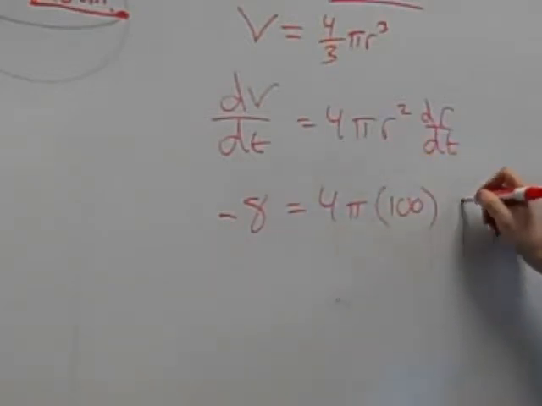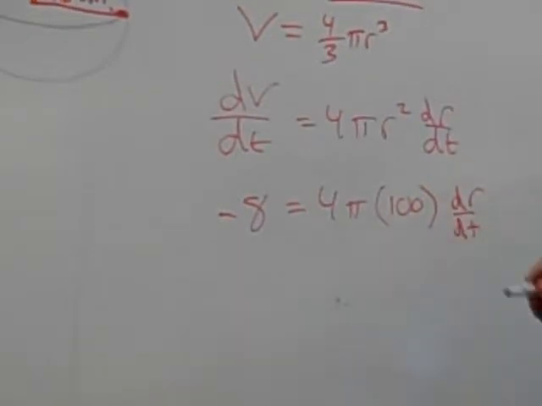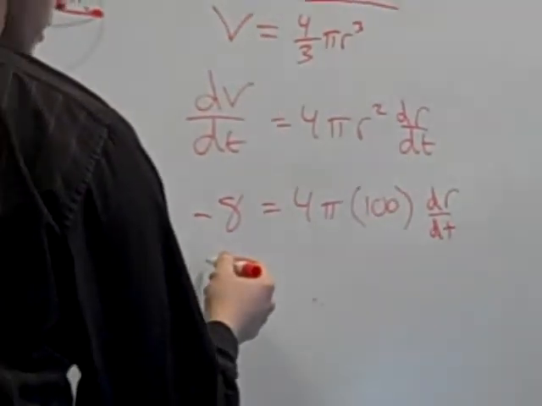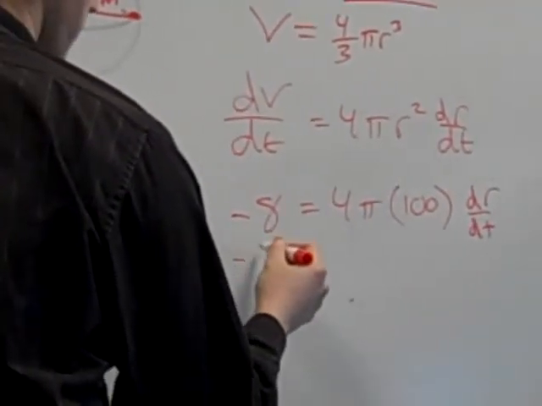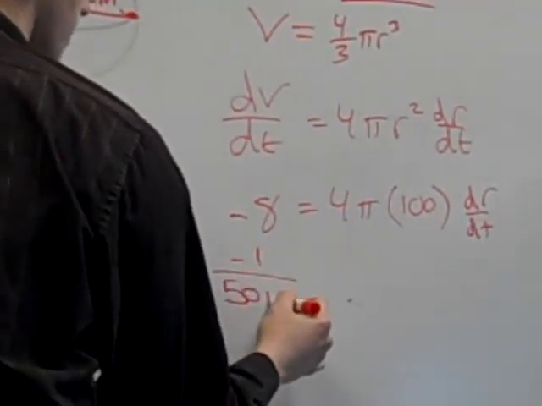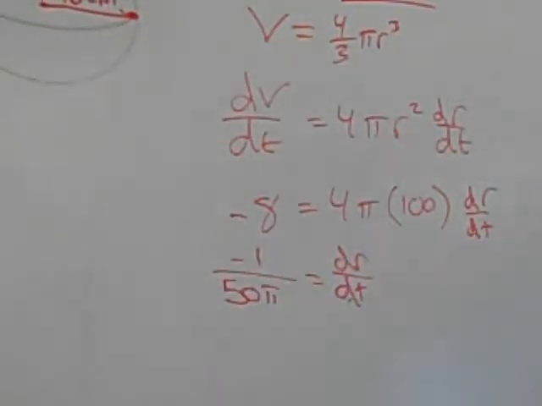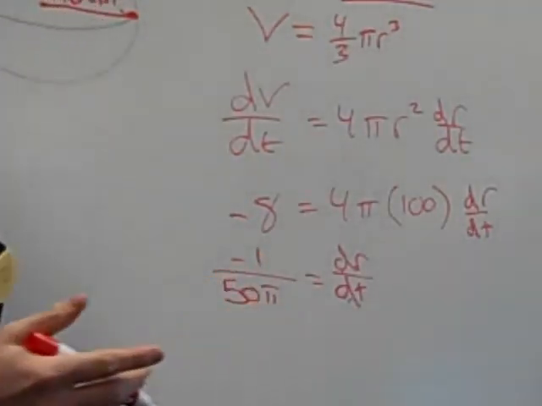So that's going to be 100 because it's squared. So this becomes negative 2 over 100 pi, so negative 1 over 50 pi. Is that correct? Looks correct? We'll go with it. So I know dr/dt, but I don't want dr/dt.